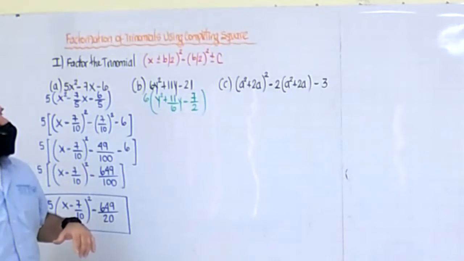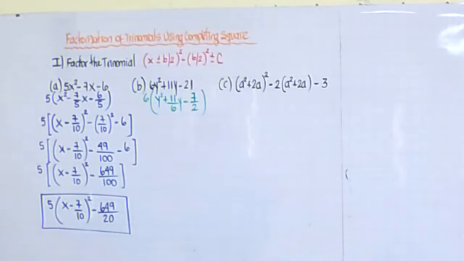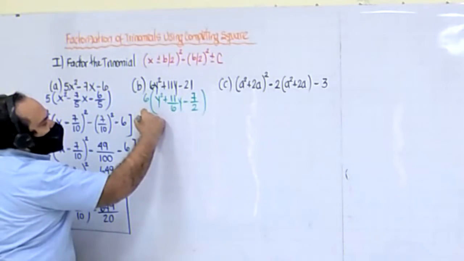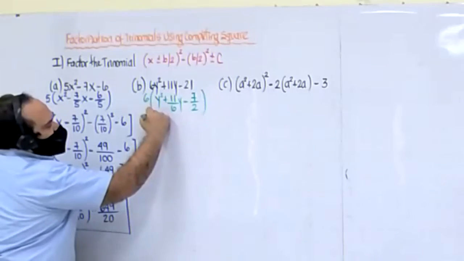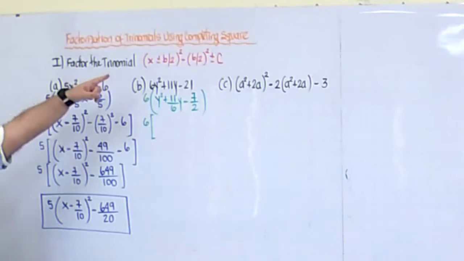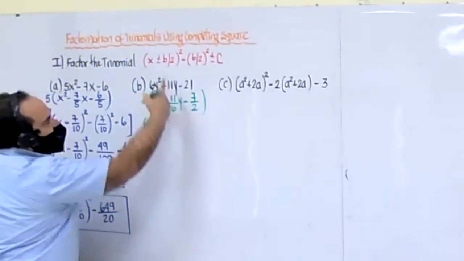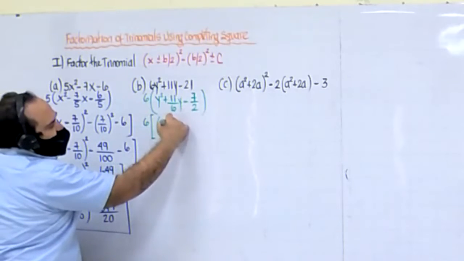Now, because we have this arrangement, I mean, the number next to the squared variable in this case is the number 1, we can proceed to apply the completing the square formula. I'm going to copy this number 6 over here, open bracket, and now let's apply the formula. I'm going to copy y, the sign is positive.